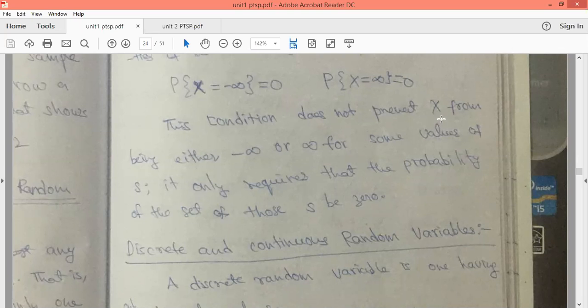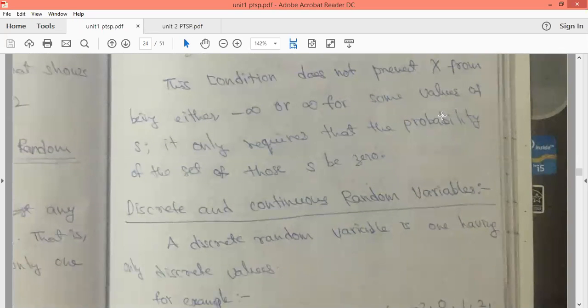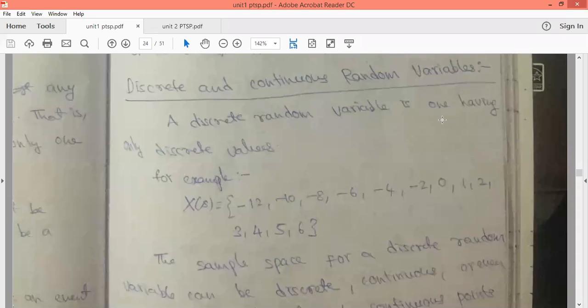The third condition is that the events X equal to minus infinity and X equal to infinity do not exist. That is why the probability of X equal to minus infinity and the probability of X equal to infinity will be 0. These are the three conditions it has to satisfy.